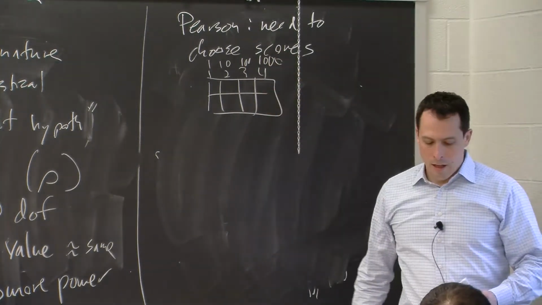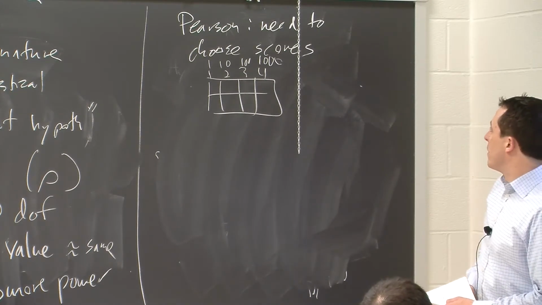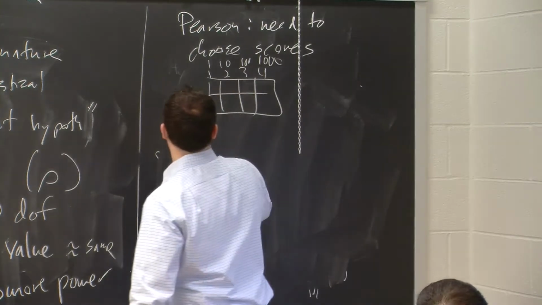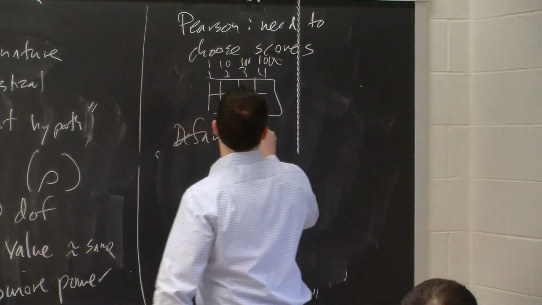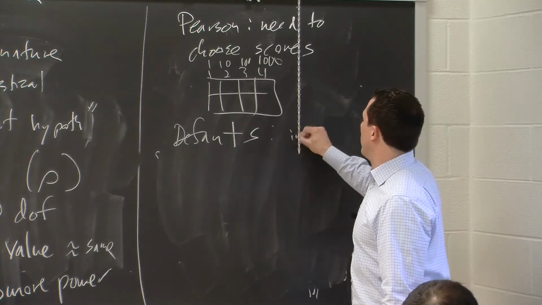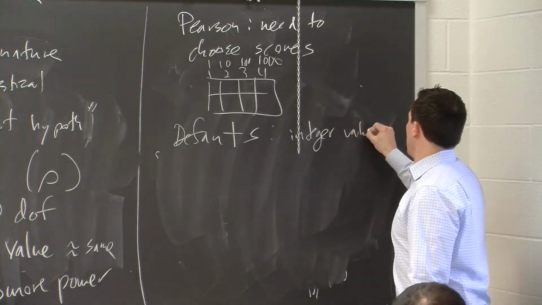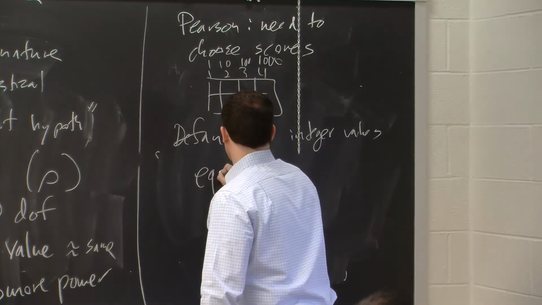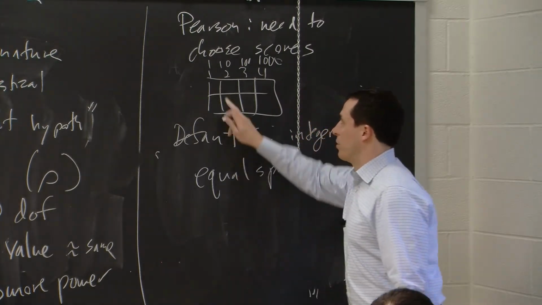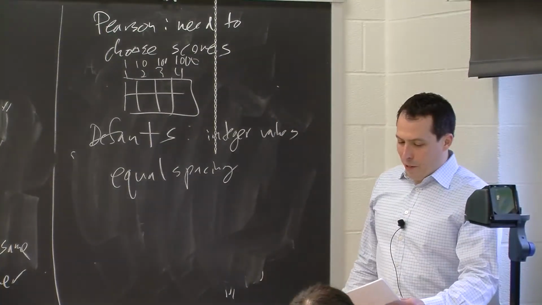And of course, this is going to be something of an art. There's defaults. The defaults in R and SAS are just to use integer values, so essentially to do Spearman. It's also called equal spacing. So it will just use 1, 2, 3, 4, or 0, 1, 2, 3, if you don't tell it anything else.